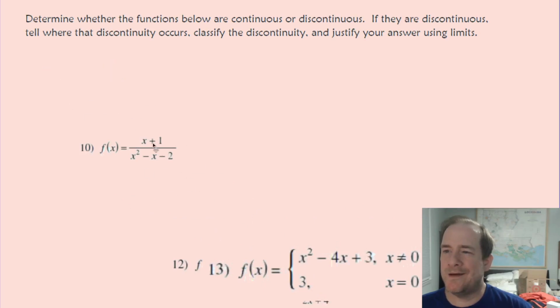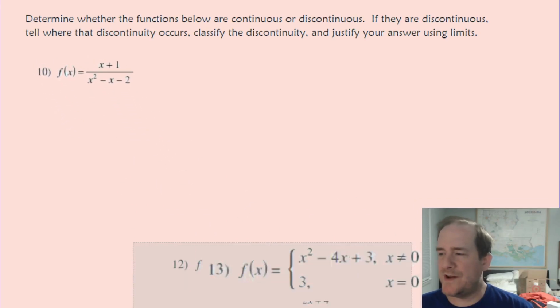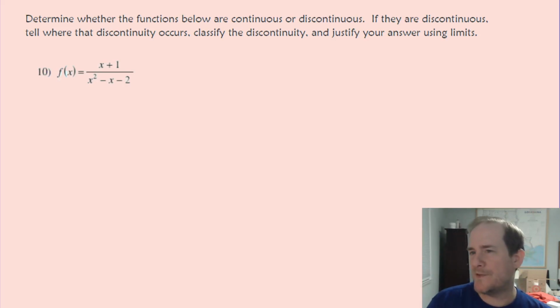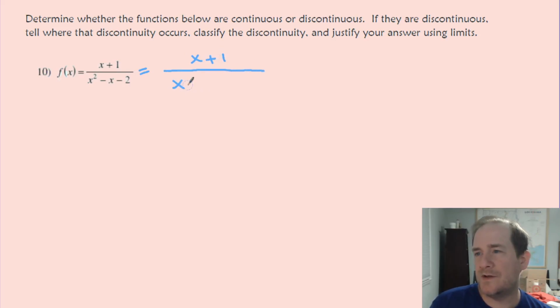10. Okay, 10's good. 10 actually has a quadratic in the denominator, which we haven't really seen yet. The fact that the denominator is quadratic means we are going to end up with 2 discontinuities. And so even if I factor this, I get an x plus 1 over x minus 2 times x plus 1. Alright, so it's true. This thing cancels again, but it cancels differently from how the other ones were canceling.